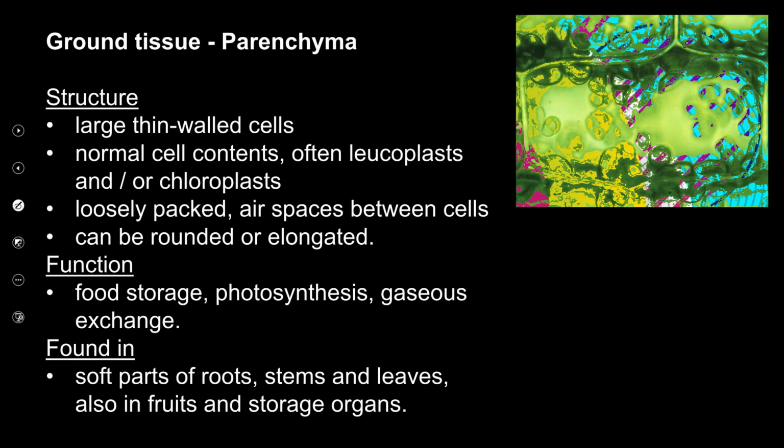So, what are these parenchyma cells like? They're large and they have thin walls. Okay, as you can see there's the cell, there's its wall. And wow, look, it's got lots of green things in it. Those green things would be chloroplasts.